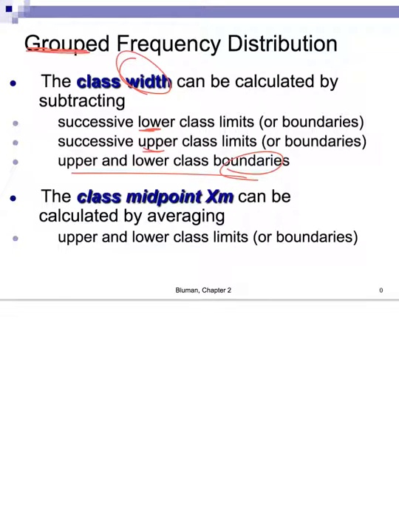The class midpoint is calculated by averaging your upper and lower class limits, so it's exactly the midpoint in between those class limits. For example, if we had the class 11 to 12, your class midpoint would be 11.5. Simply add the two lower class limits together, divide by 2.